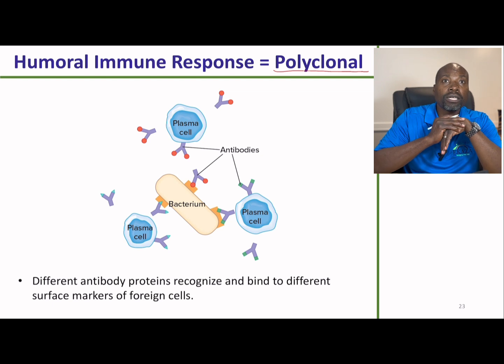What we mean by polyclonal humoral response is that an organism such as a bacterium has many types of molecules on its surface.